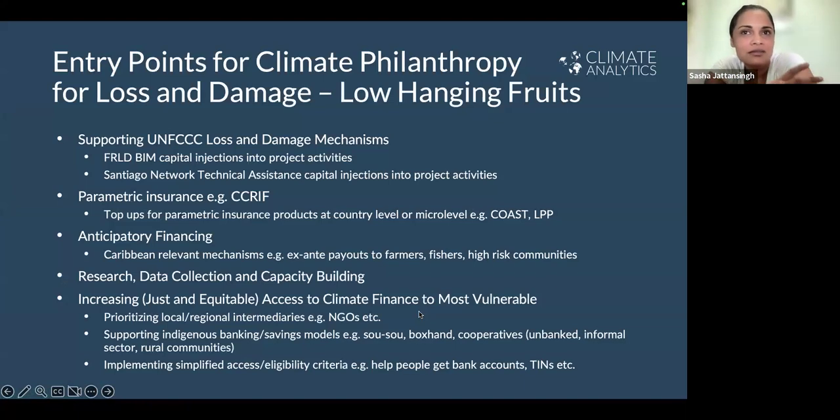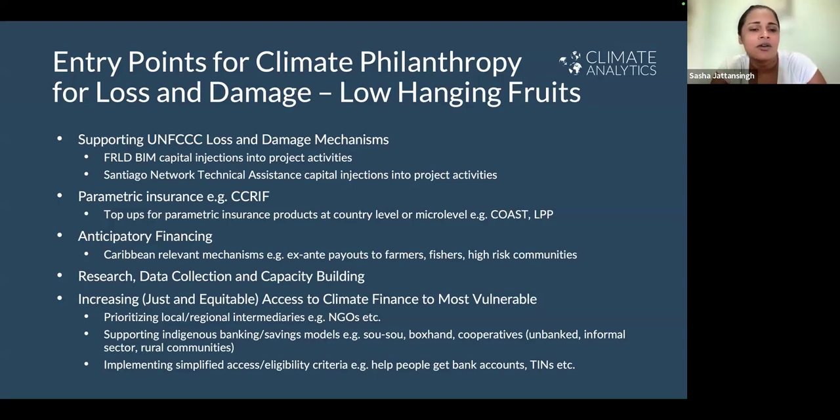These will be discussed a lot more at the forum in October, but it's just something for people to start thinking about. And I outlined some of the low-hanging fruits that climate philanthropy in the Caribbean should really focus on within the next, I would say, one to three years.